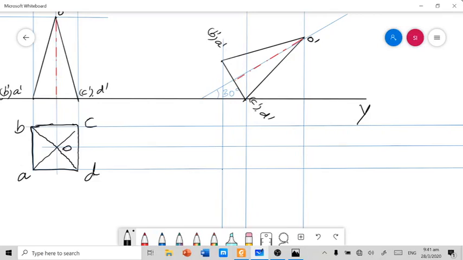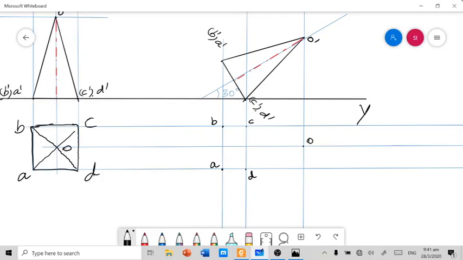For your understanding purpose, I am making points at the cuts, and point B dash can be marked here. Point C dash here, point D dash there, and finally O dash here.